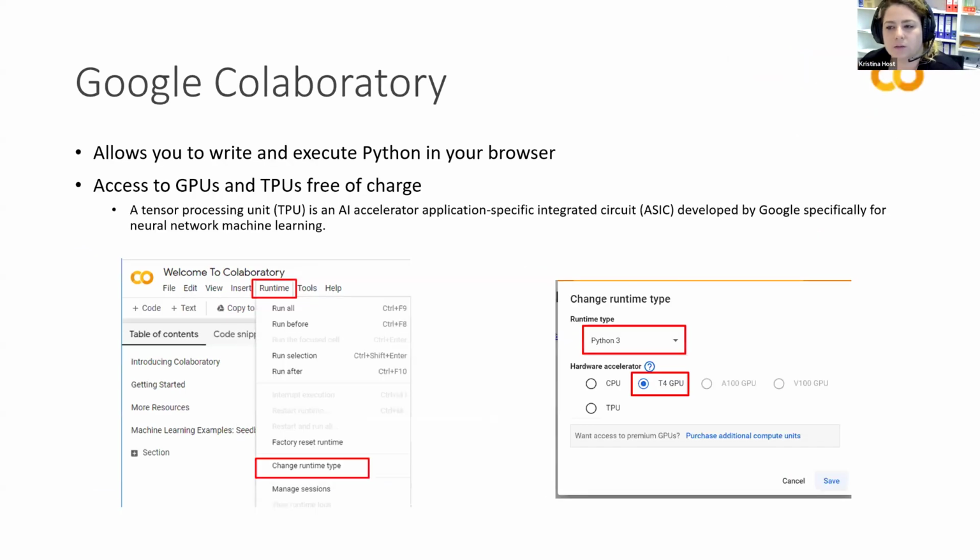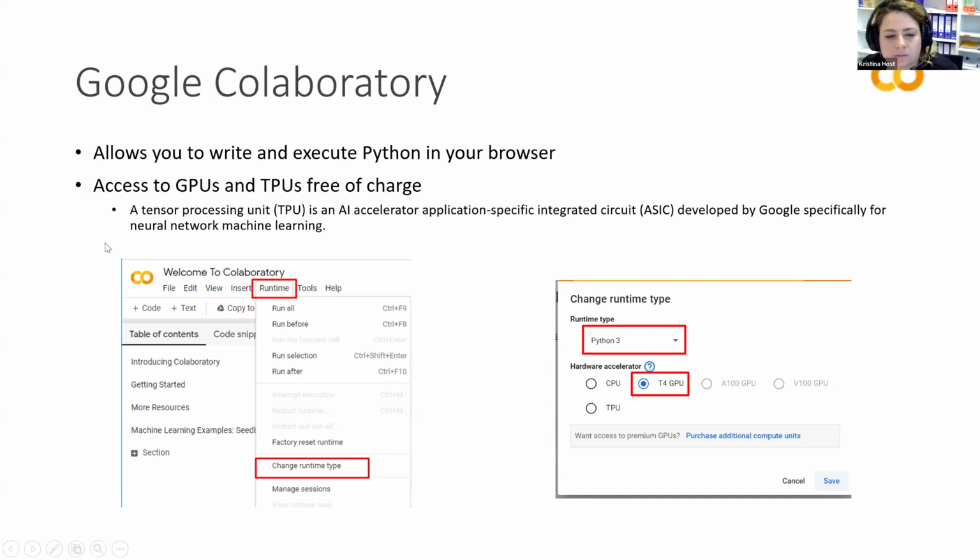So you can use it in your browser, and the GPUs are free of charge. You can use CPU if you want, when you are not using neural networks or something that needs more power.